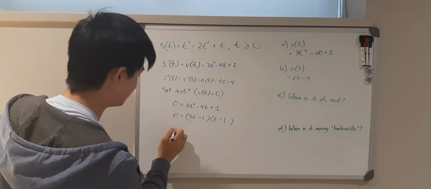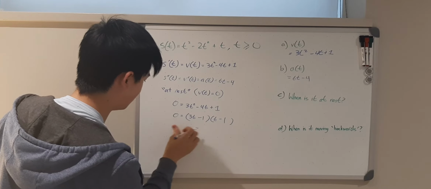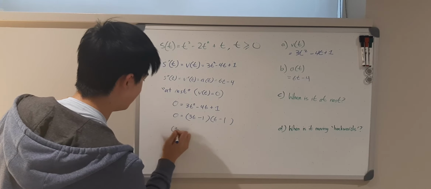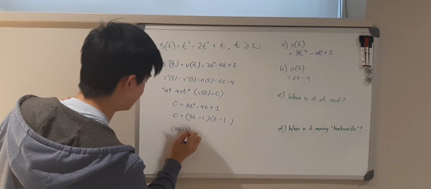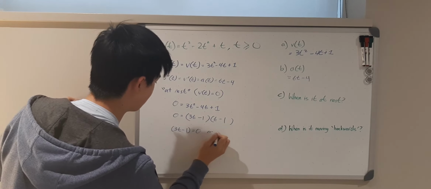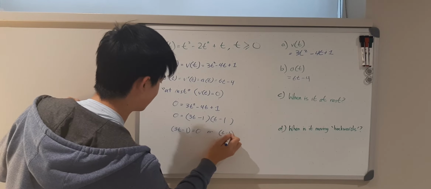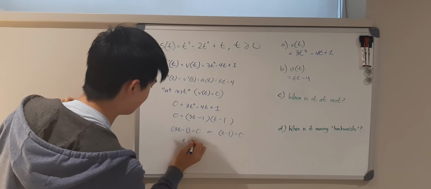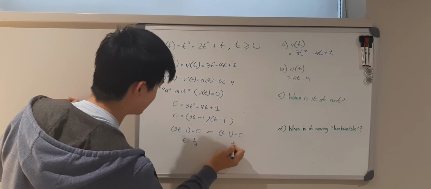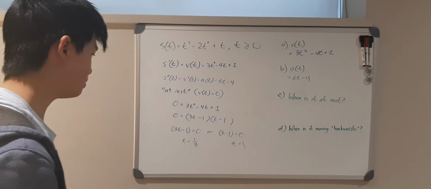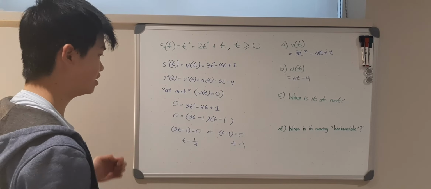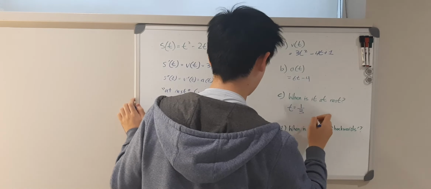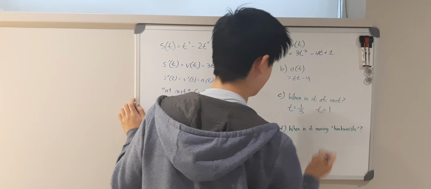Okay, so with the zero product rule, 3t minus 1 can equal 0, or t minus 1 can equal 0. So in this case, t will equal 1/3. In this case, t will equal 1. Okay, so we know it's at rest at t equals 1/3 and t equals 1.